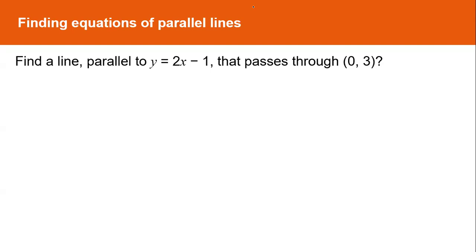Okay, what do we do? Find a line parallel to 2x minus 1 that passes through (0, 3).